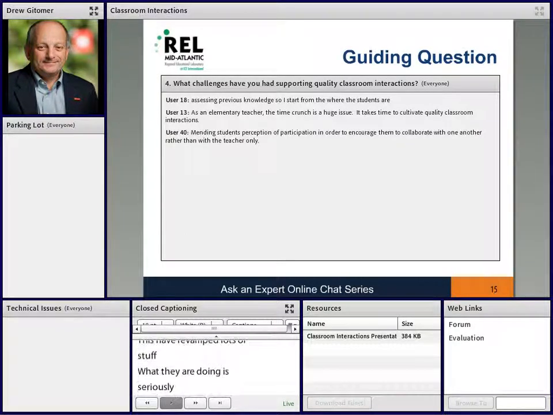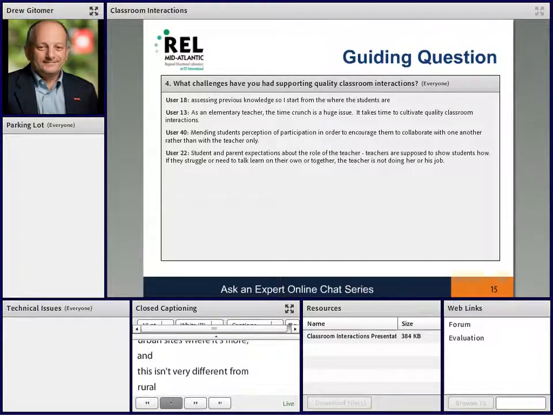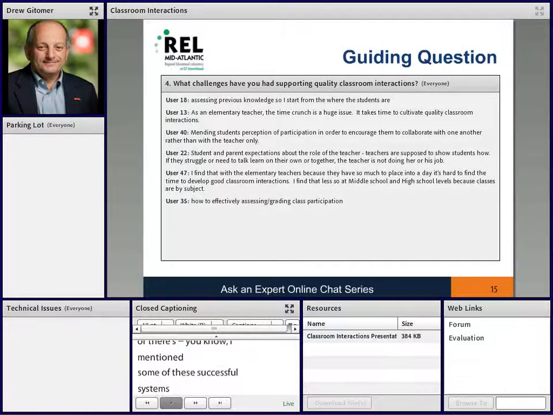I think, at the other end, there are many urban sites where, and this isn't very different from rural or suburban sites, it's largely a matter of compliance, and resources are stretched so thin among the administrators. When I mentioned some of these successful systems, one of the things that's also characteristic of them is that they have teachers working with teachers and coming into classrooms and doing observations, for example.